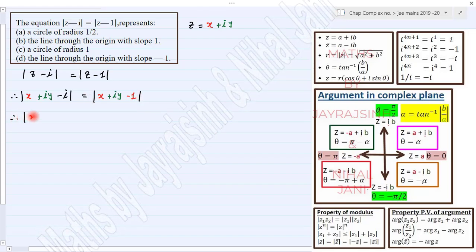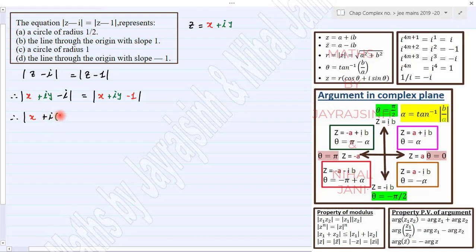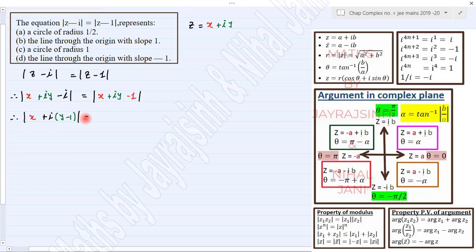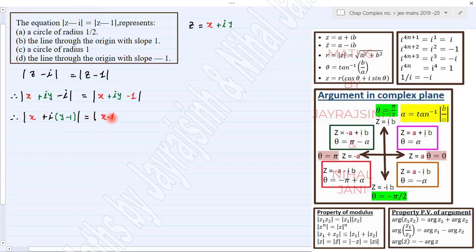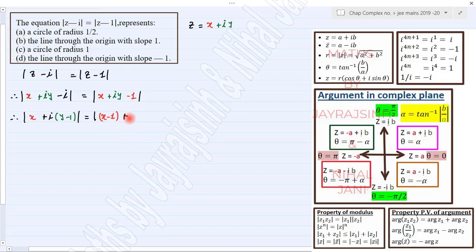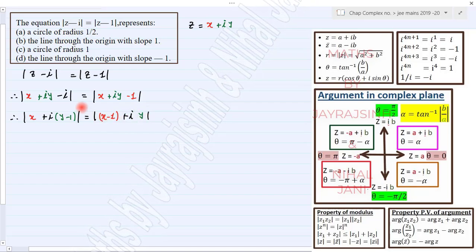Here on the left hand side, x is the real part, and if we take i common, we'll get y minus 1 as the imaginary part. Similarly, on the right hand side, x minus 1 will be your real part and y will be your imaginary part.